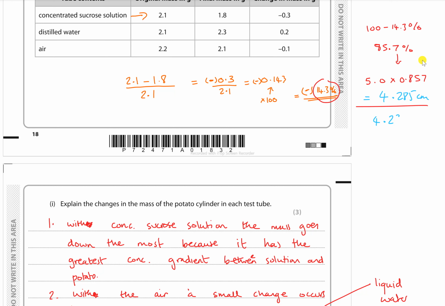We can put 4.29, we can put 4.3. So anything in between there they can do.